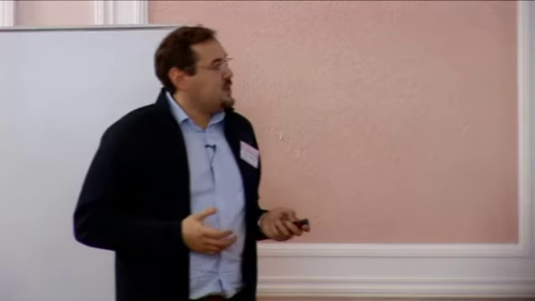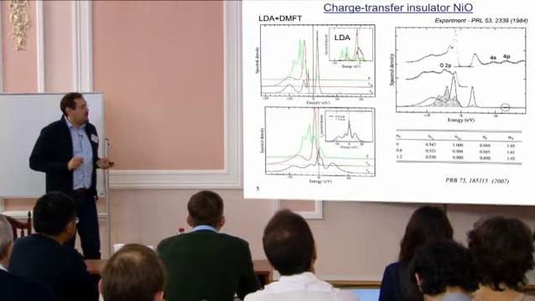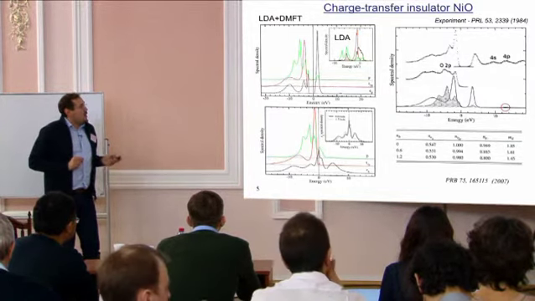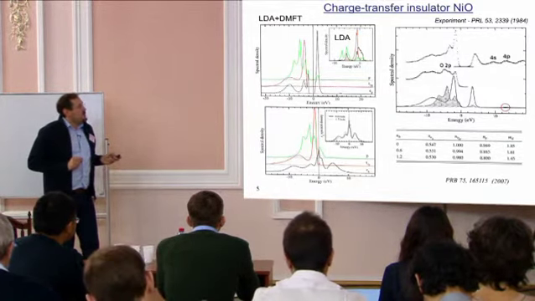We need to start with this example because in order to describe properly a transition from an insulator to metal or otherwise, you need to be sure that you reproduce both sides correctly and can go continuously from one to another.